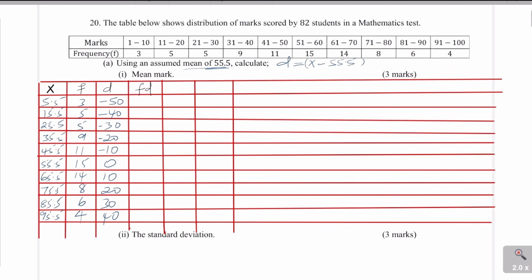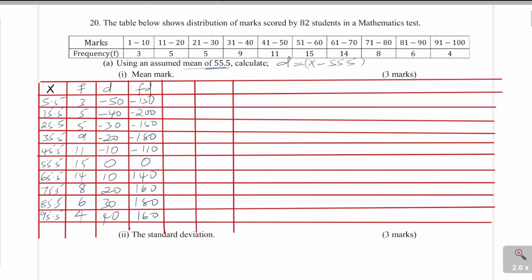Then FD: take the frequency, multiply by D. The first one is 3 times negative 50, negative 150. This one is negative 200, negative 150, negative 180, negative 110, 0, 140, 160, 180, 160. It is as simple as that.